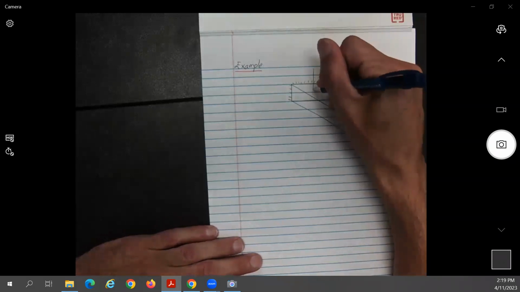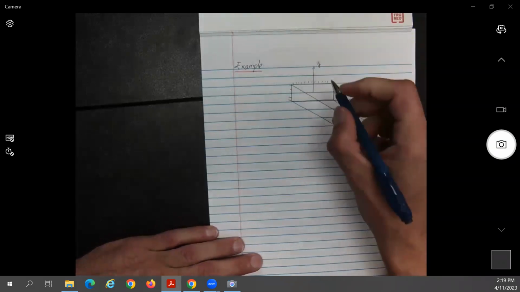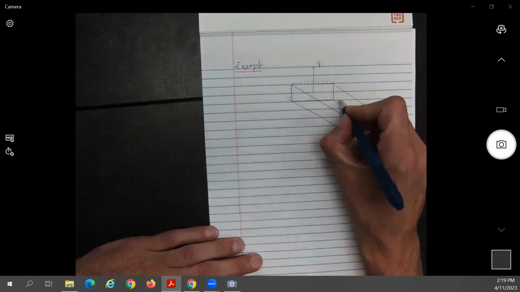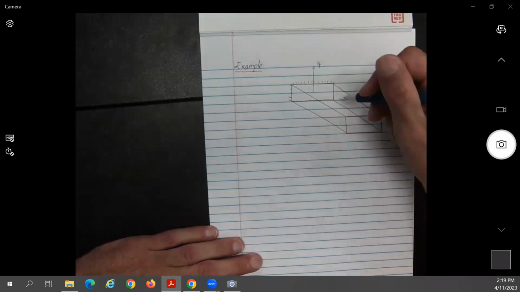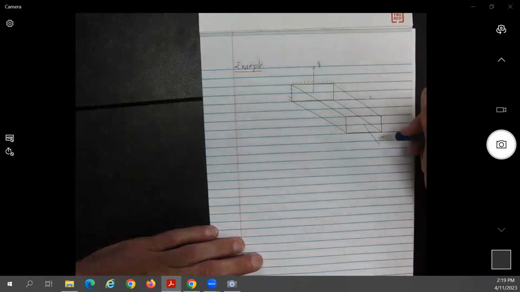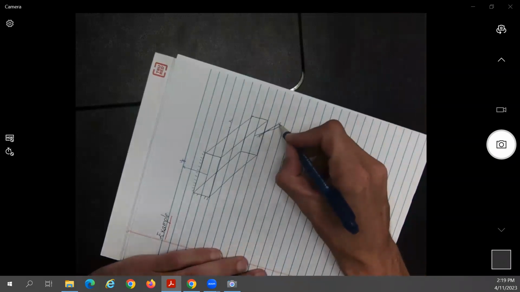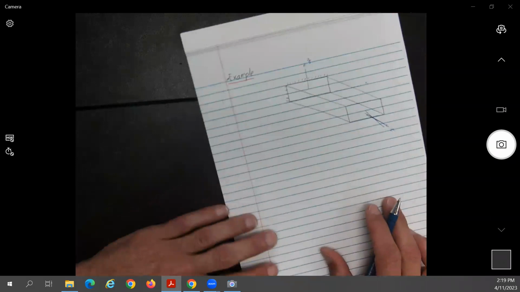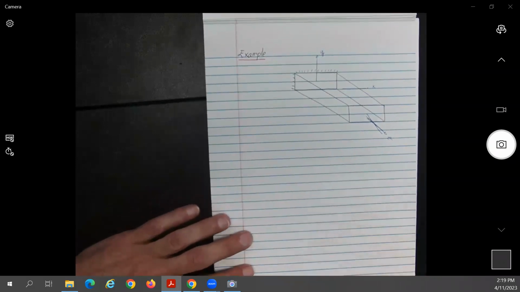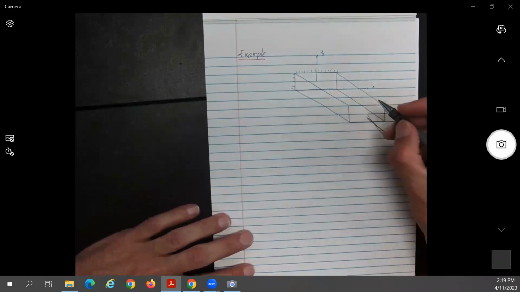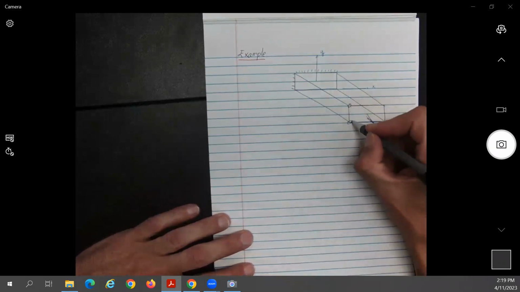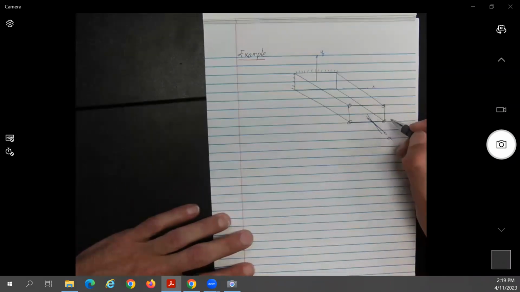The coordinate system is going to start from this end. This is Y, X, and Z. So over here, we're going to have areas of stiffeners.